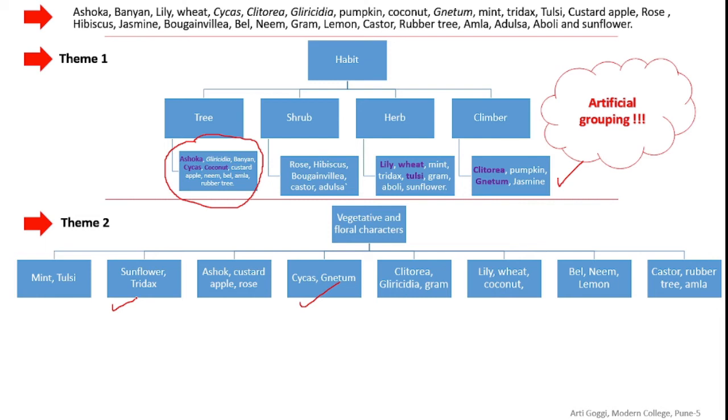So many characters match with each other that the grouping of sunflower and Tridax together is justifiable. Similarly, I can give reasons for grouping lily, wheat and coconut. All these three plants are monocots. This type of grouping appears very natural. Plants coming under one group show natural affinity, so I can say there is a natural grouping in these plants. This system of classification I call a natural system of classification.